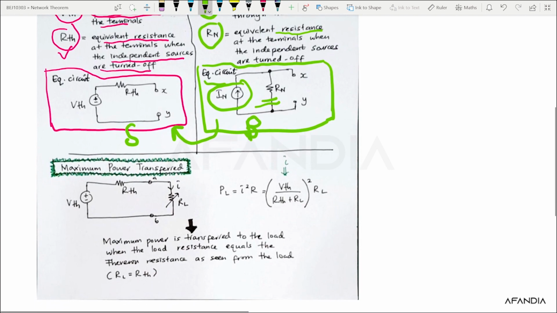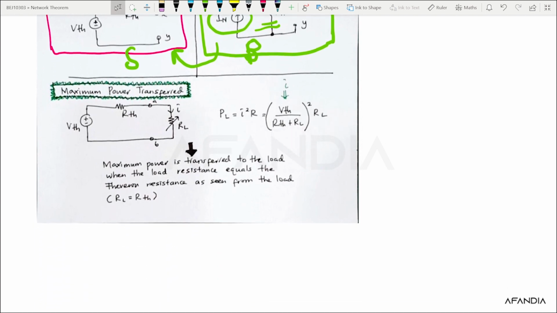The last concept of network theorems in general that we are going to discuss today is maximum power transfer. So it is actually related with the previous concept, which is Thevenin's as well as Norton's.